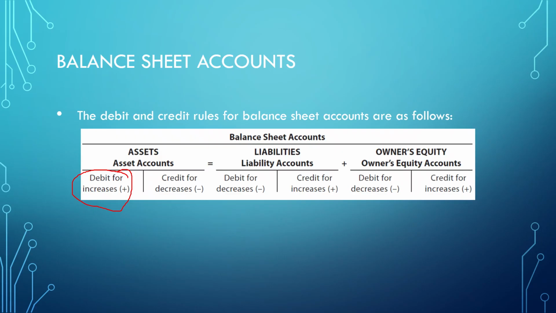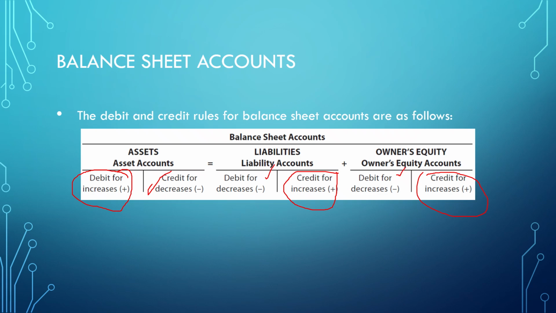And the opposite side, which is the credit, is its decrease side. For liabilities and owner's equity, its normal side or increase side is on the credit side. And the opposite of that is its decrease side, that is the debit side.